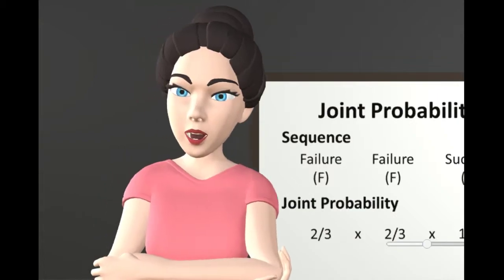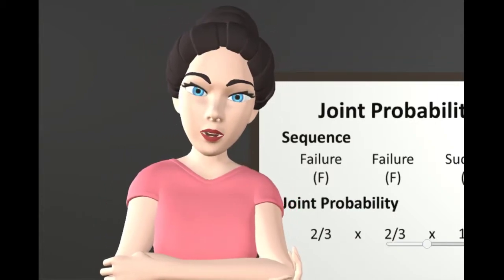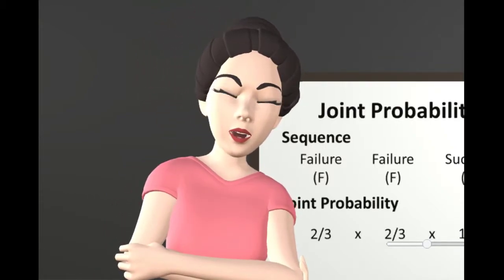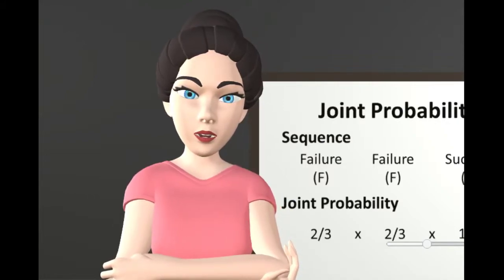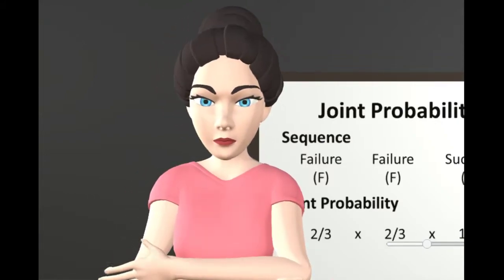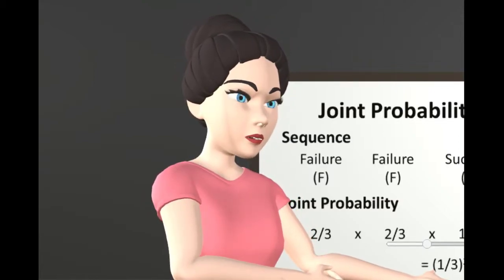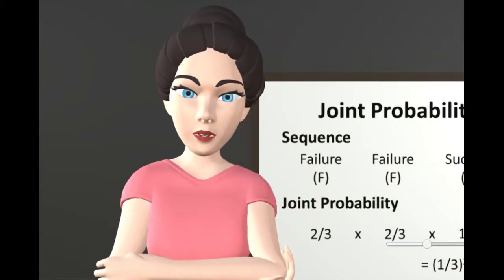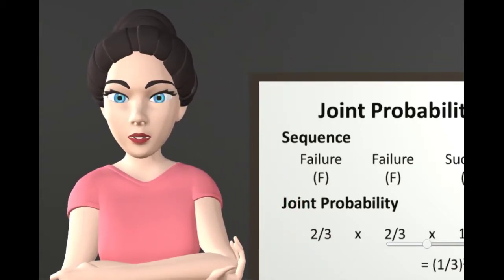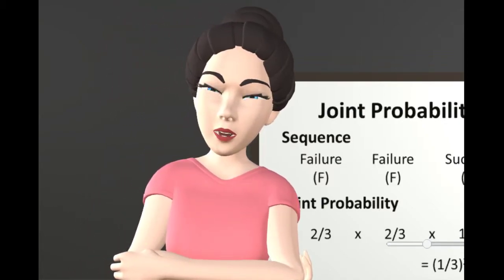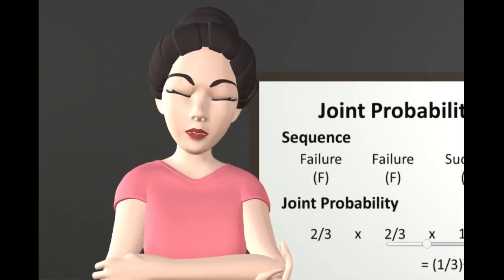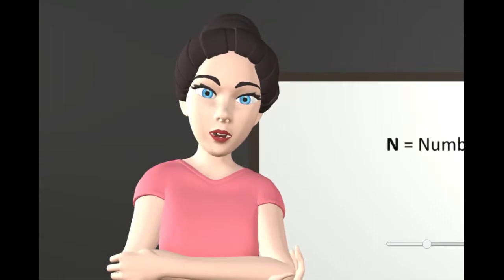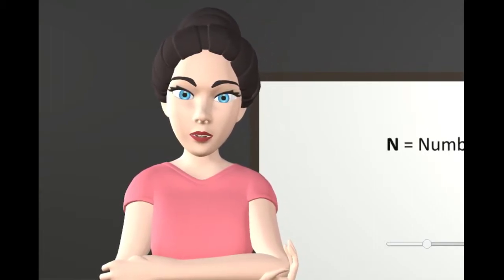So we get 2/3 for failure times 2/3 for failure times 1/3 for success times 2/3 for failure times 1/3 for success. We can also write this as 1/3 squared times 2/3 cubed. So the joint probability of this particular sequence occurring is 8 out of 243.